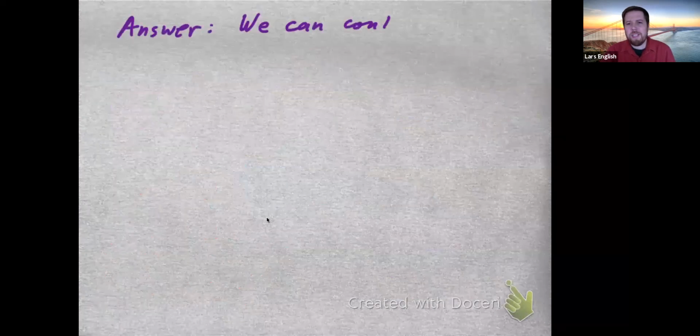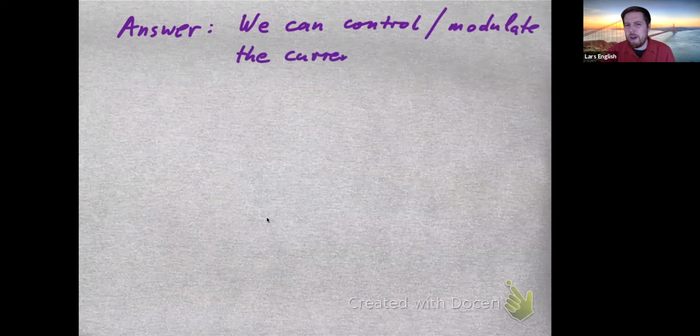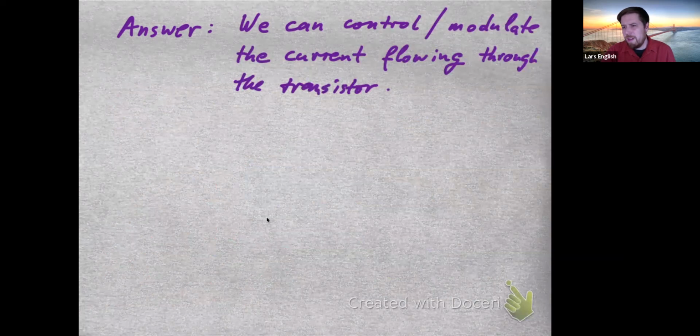Okay, the answer is we can control or modulate the current flowing through the transistor. Right, that step here controls how many electrons even get injected into the base from the emitter. And so we can actually cut off the current entirely if we bring that base high in energy. We can bring the base back down and then really get a lot of current flowing into the base and then downhill into the collector.